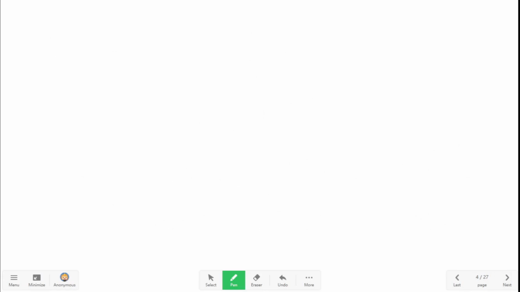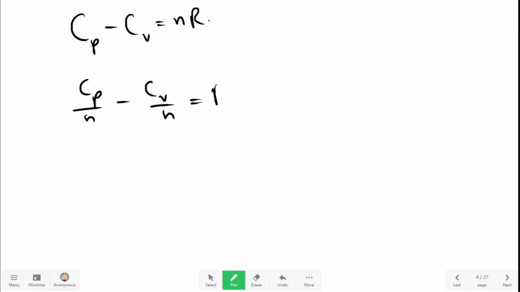We also know that Cp minus Cv is equal to nR. When we divide by n, this is called molar heat capacity, while this is simply heat capacity. So molar heat capacity is denoted by small letter cp minus cv is equal to R.